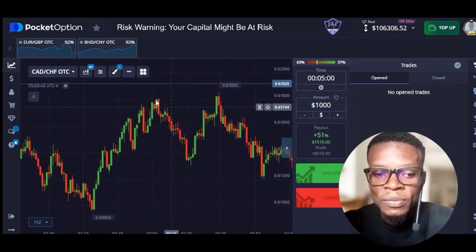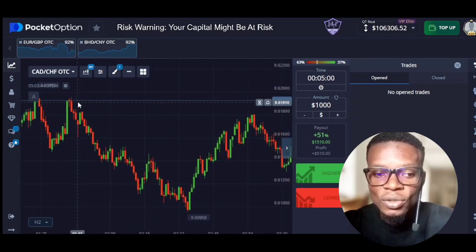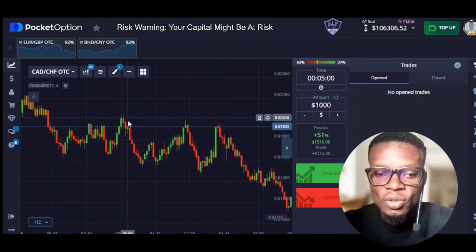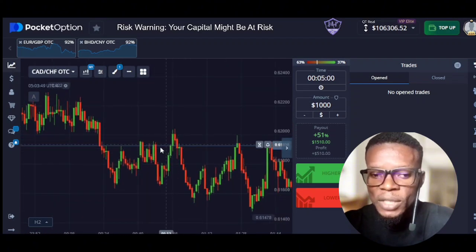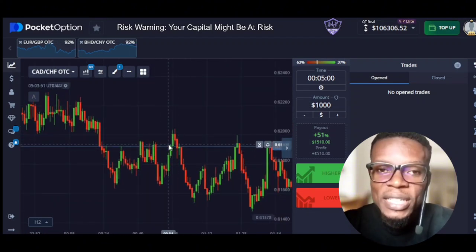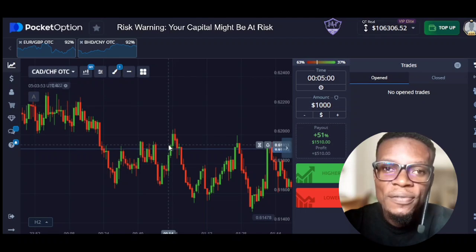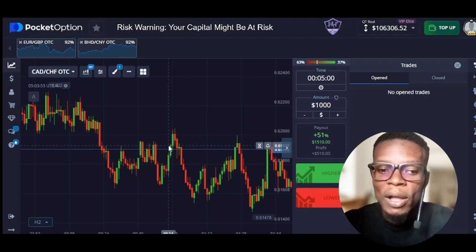It happened here, it happened here, it also happened here, as you can see. So we are going to be looking at the next resistance level. That is where we are going to be waiting for the sellers to step in, and then we are going to be joining them.